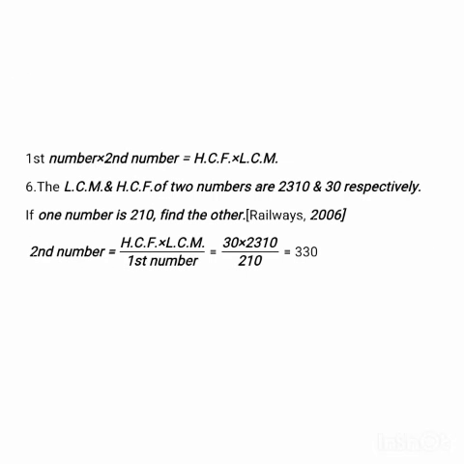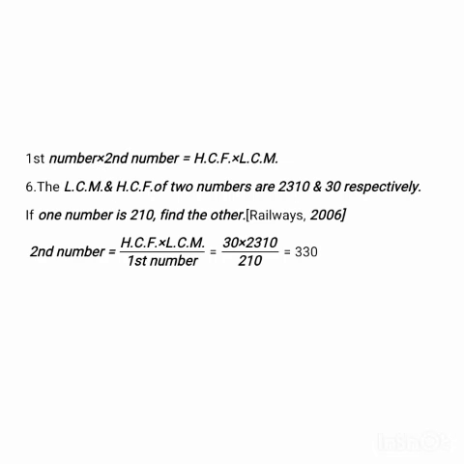Let's introduce our next formula, that is first number into second number equal to HCF into LCM. Its application is: the LCM and HCF of two numbers are 2310 and 30 respectively. If one number is 210, find the other. Railways 2006. Now we know that first number into second number equal to HCF into LCM.